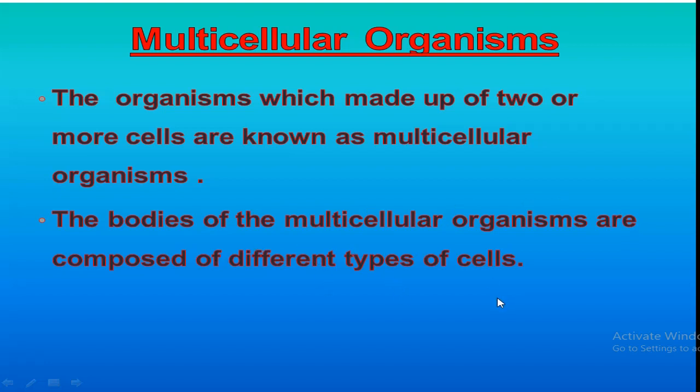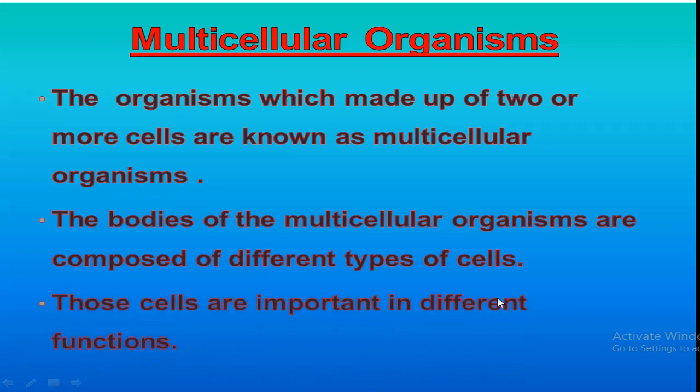Multicellular organism means an organism made up of 2 or more cells, and these cells are different to each other. Also, different types of cells perform different functions in the multicellular organism.